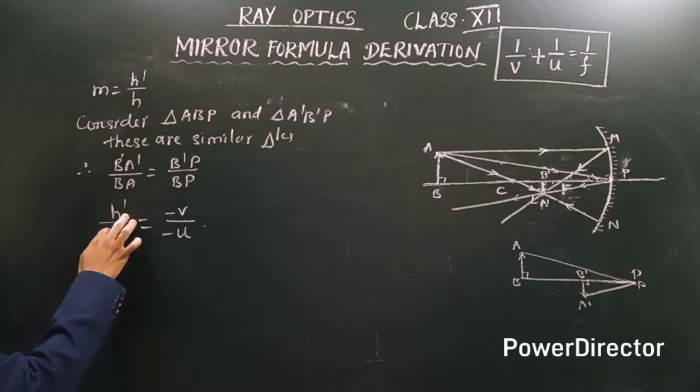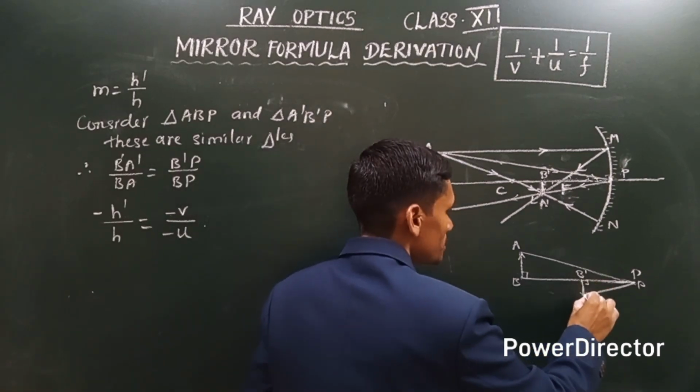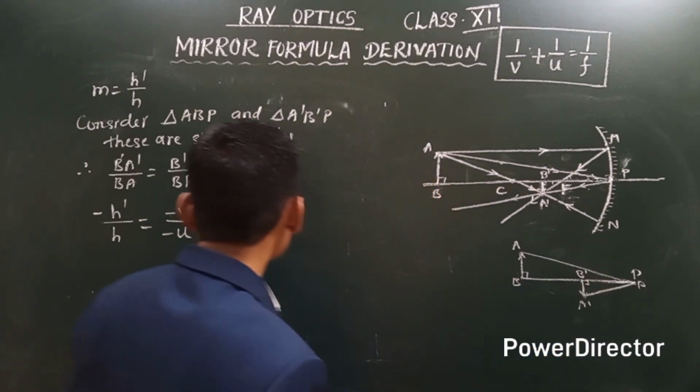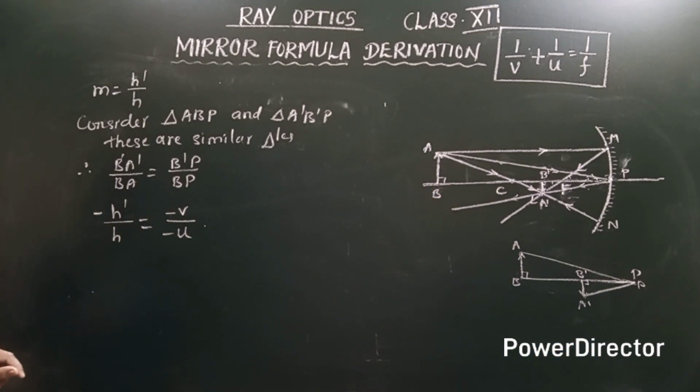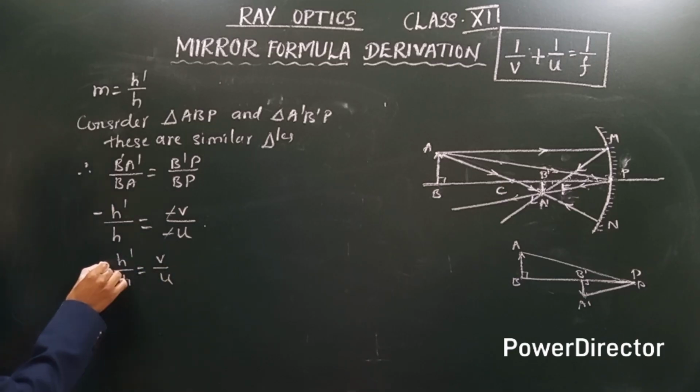And this height we have to take as negative. Why? Because it is measured below the principal axis, right? So that should be negative, we are getting minus h dash. Now this and this get cancelled, both the negative signs. This becomes h dash by h is equal to v by u, and this carries a negative sign.